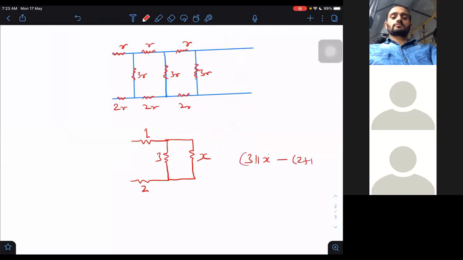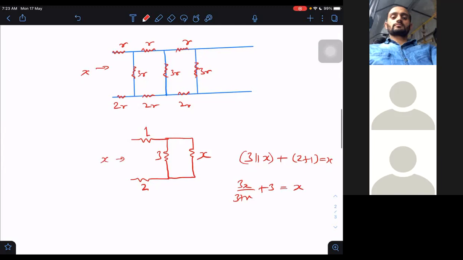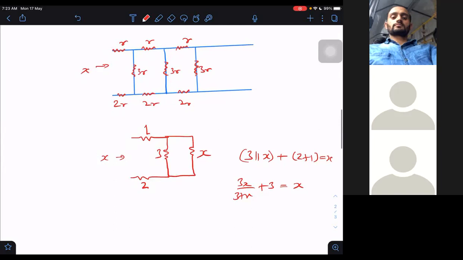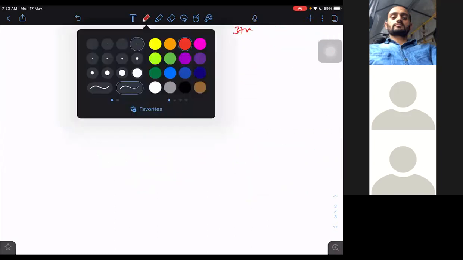The 3 parallel with X is 3X upon 3 plus X, plus 3 is X again. So we can get the value of X. Same way we can do, right? I'm just leaving it now because it is exactly the same procedure. No difference at all. You can get it yourself.